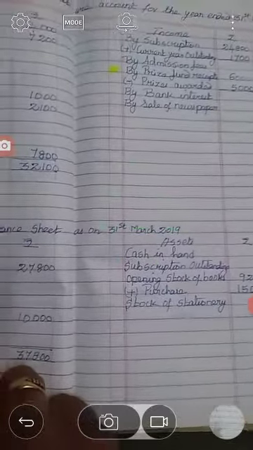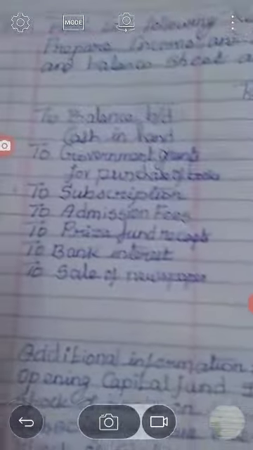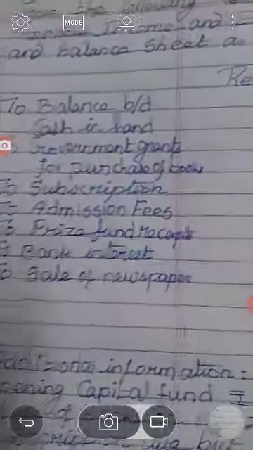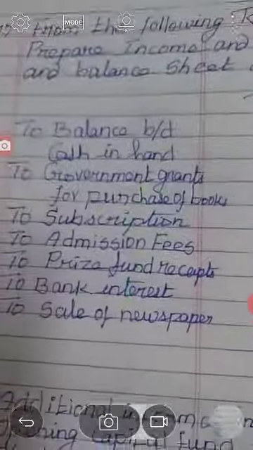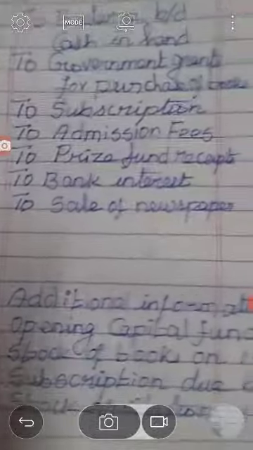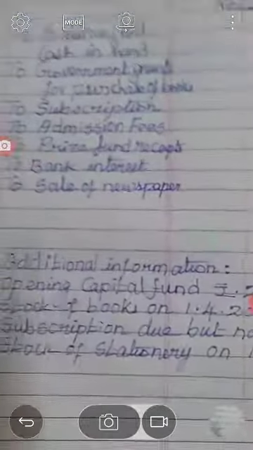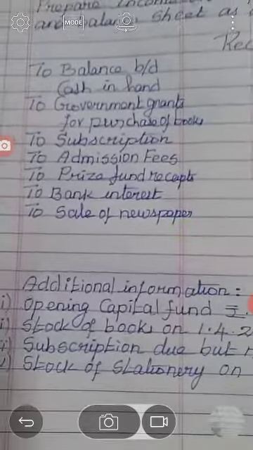So we pass on to the sum. In the receipts and payments account, on the receipt side, cash in hand, you have already discussed, this opening cash should appear in the opening balance sheet. In this sum the opening capital fund is given, so you need not bother about it, just leave it.